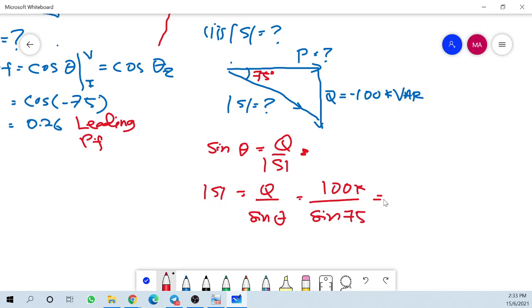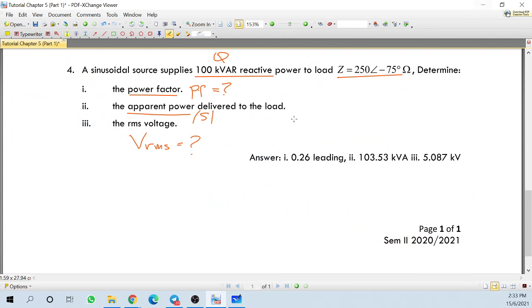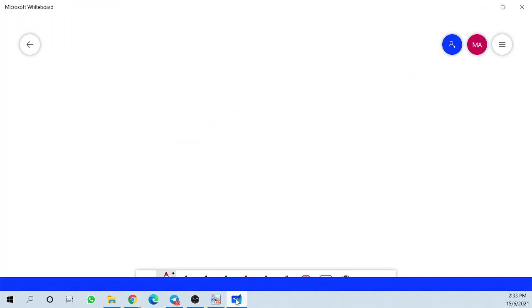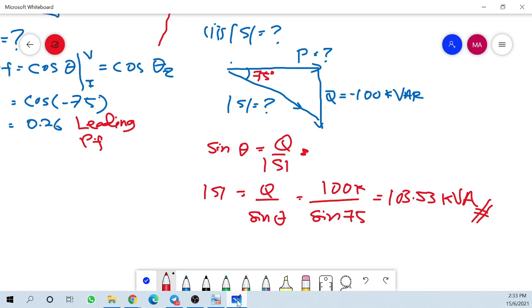So your apparent power equals 100 k divided by sin 75, which is equal to 103.53 kilovolt ampere.